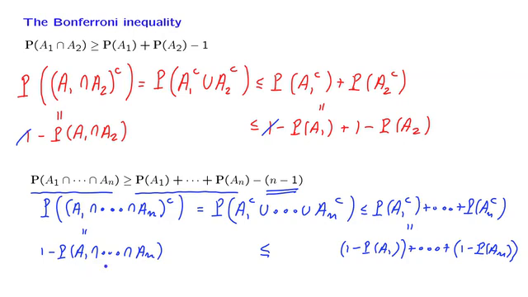Namely, if we start with this inequality and just rearrange a few terms, we obtain this inequality up here. So these Bonferroni inequalities are a nice illustration of how one can combine De Morgan's laws, set theoretic operations, and the union bound in order to obtain some interesting relations between probabilities.